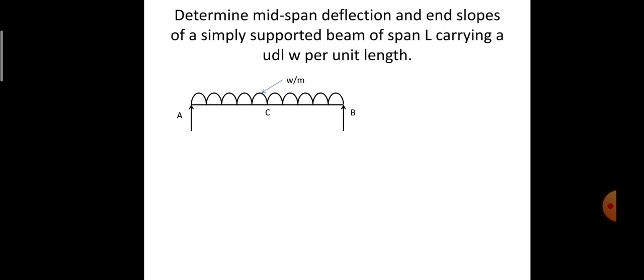The beam has supports A and B, which are simply supported, a span of magnitude L, and carries a uniformly distributed load of magnitude W per unit length.